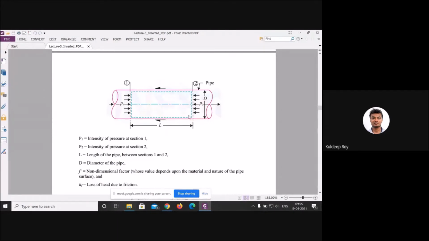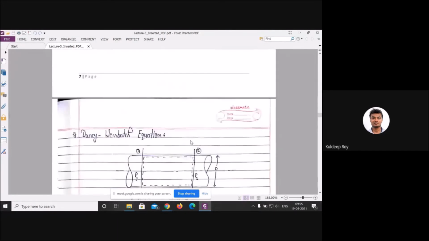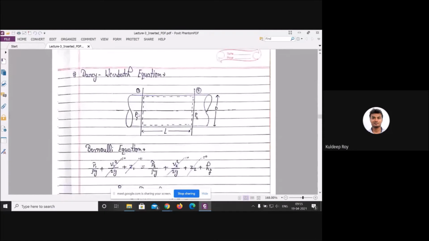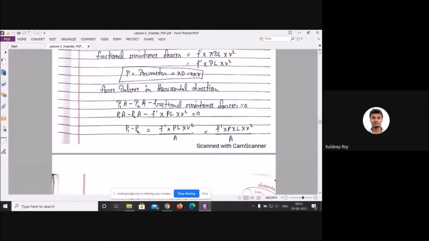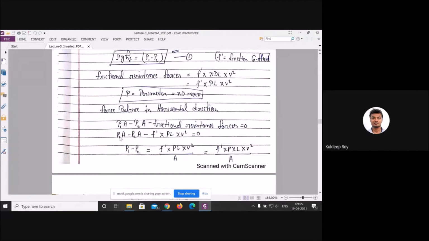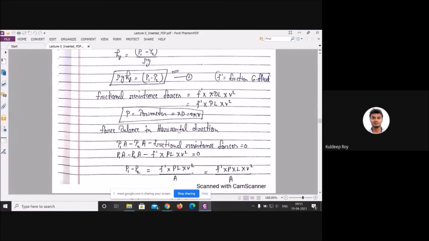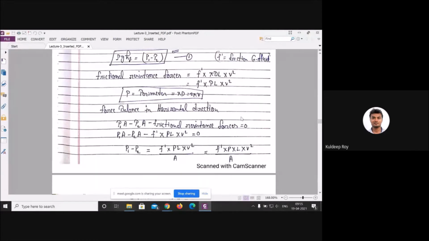Then you have to subtract, P1 minus P2, minus the loss due to friction, which should equal 0. Then you easily determine the force: P1 multiplied by A minus P2 multiplied by A, and this much is the resistance force. Just equate both, P1 minus P2, it will be this formula.